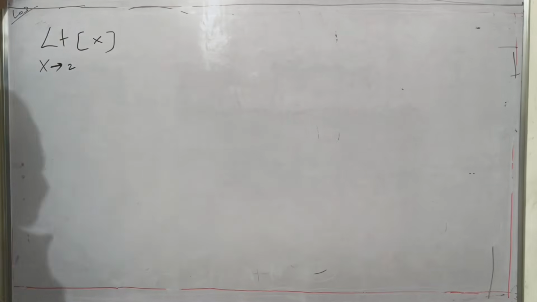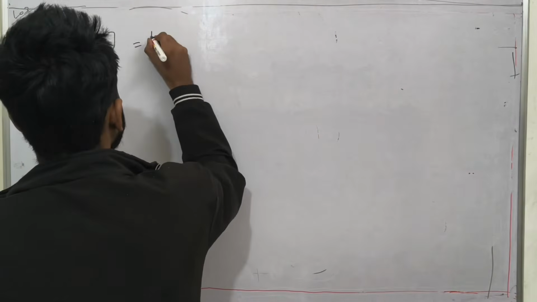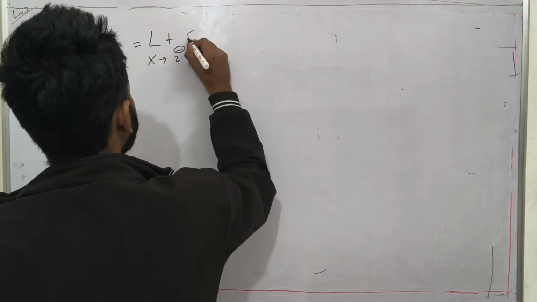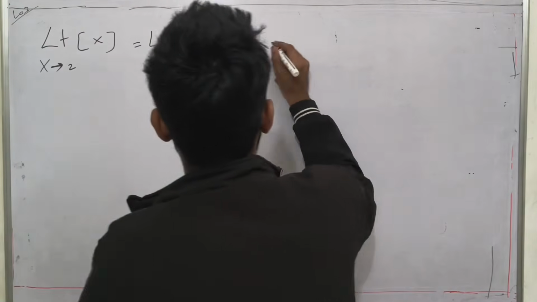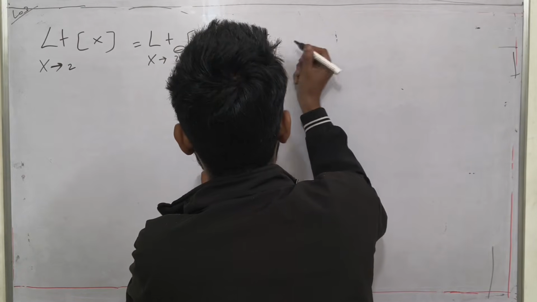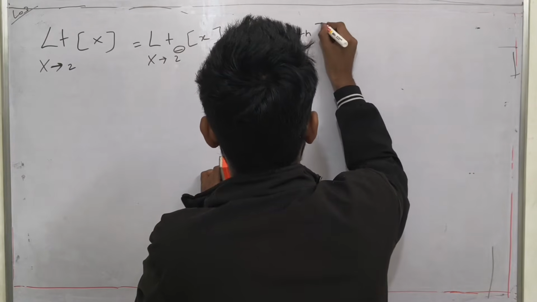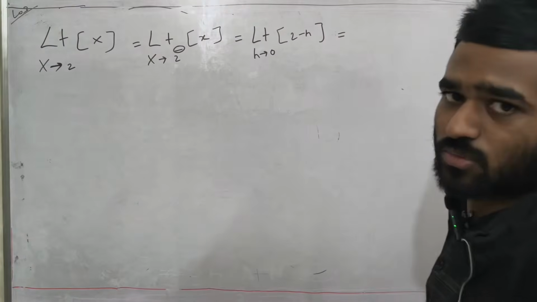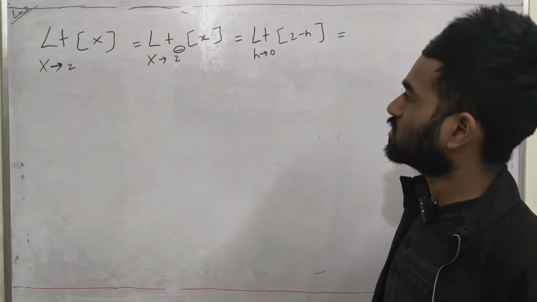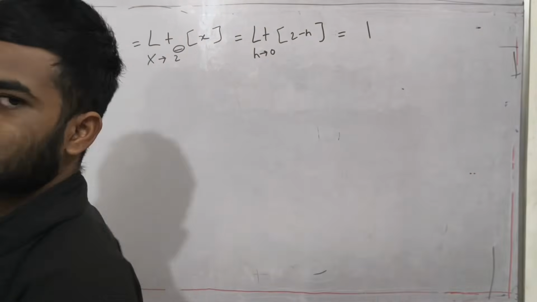The left hand limit equals limit x tends to 2 minus of step x, which equals limit h tends to 0 of step of 2 minus h. Since h is positive, 2 minus h is less than 2 but greater than 1, so this value is 1.